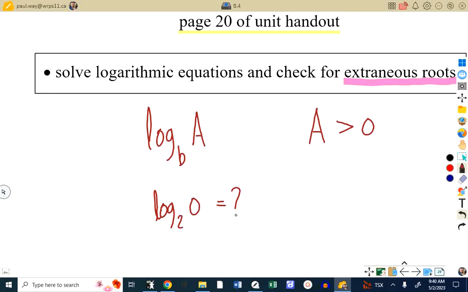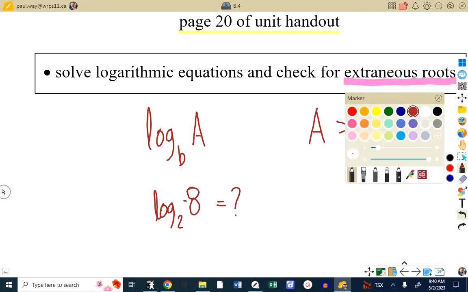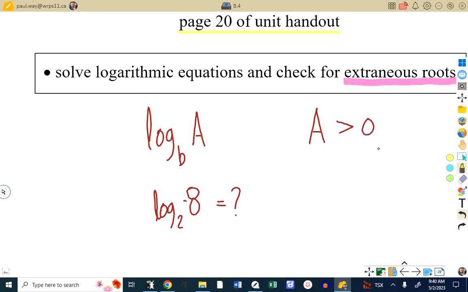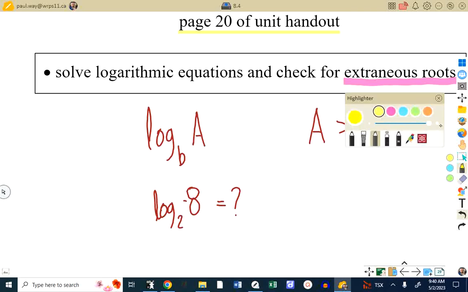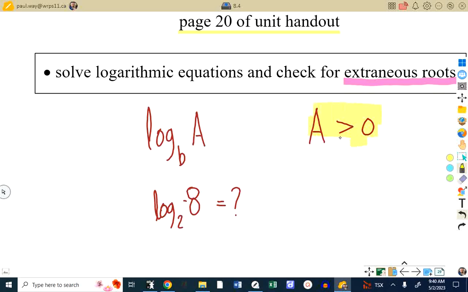If I said to you, what is log base 2 of negative 8? The same thing holds true. You cannot raise 2 to an exponent and get a negative result. So this is absolutely key to what we're doing today: the argument in any logarithm must be greater than 0.